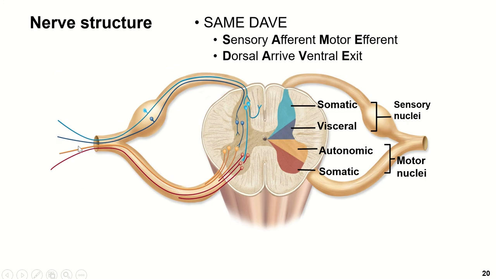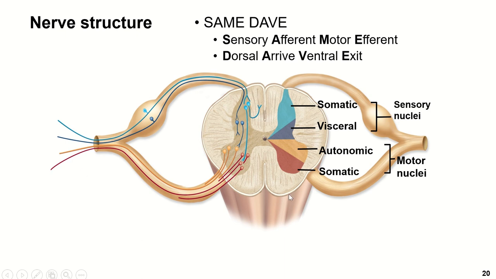The way you're going to remember this, that the sensory arrives on the posterior side, the motor exits on the anterior side, is this mnemonic SAME DAVE. So we have sensory afferent, motor efferent, dorsal arriving, ventral exiting.